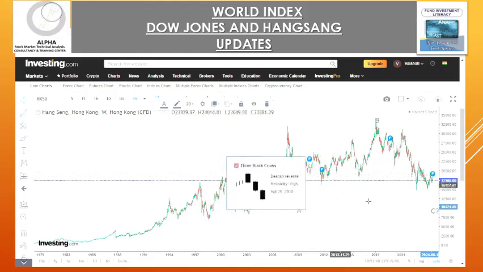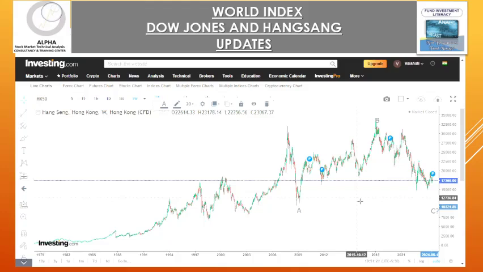Now which correction it is, whether it is the second one or the fourth one, we can always do a lot of analysis about it. Right now it's very choppy with too much volatility, so the trend looks like it's in some kind of correction since so many years now.